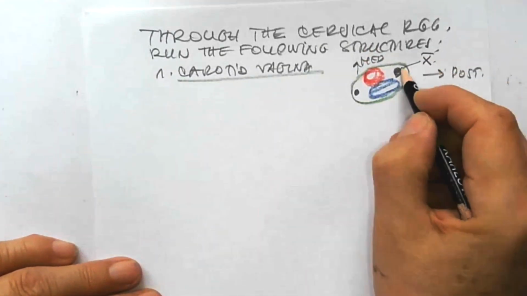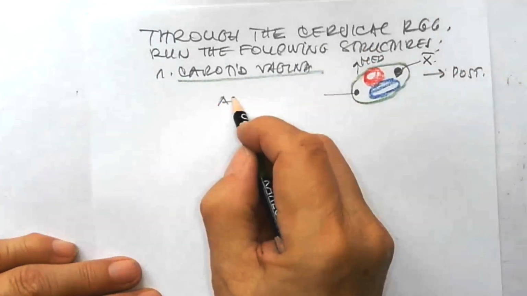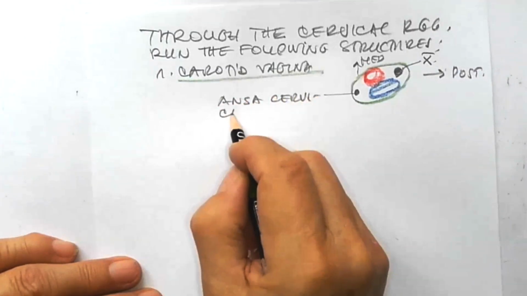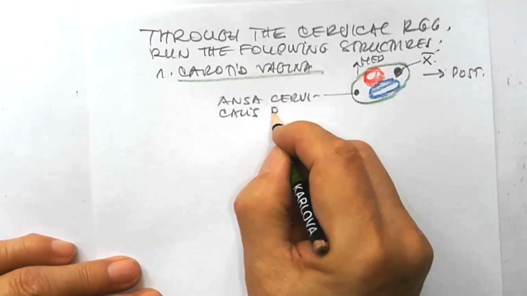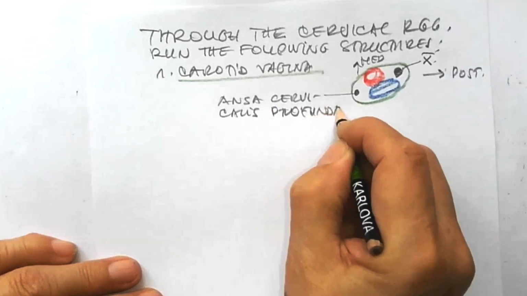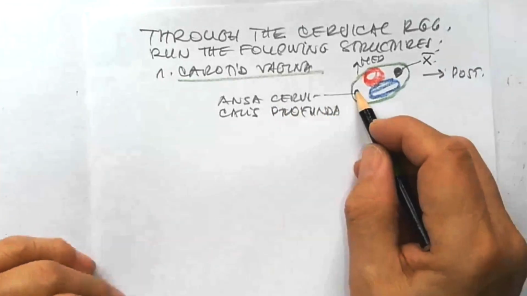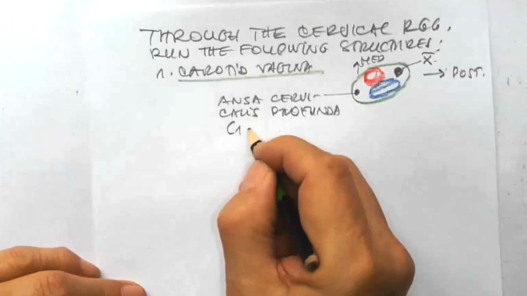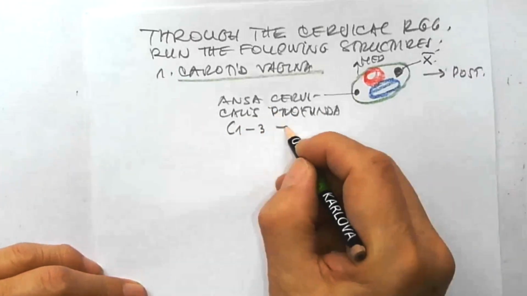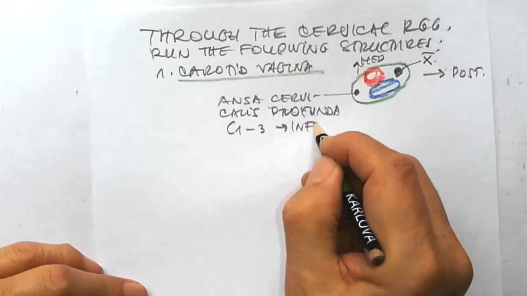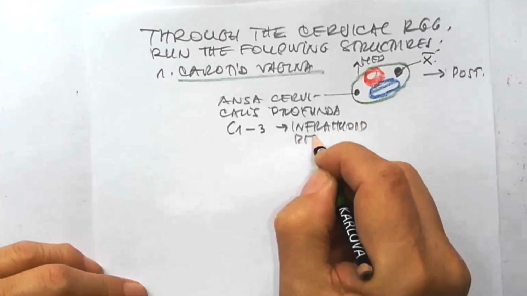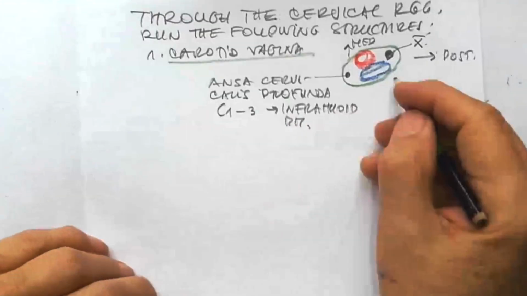Here is the vagus nerve. Here is the ansa cervicalis. We said that ansa cervicalis, and I will repeat it again, ansa profunda, deep ansa, is the loop, which consists of the segments C1 to C3, and these segments innervate the muscles. We call them infrahyoid muscles, muscular branches.